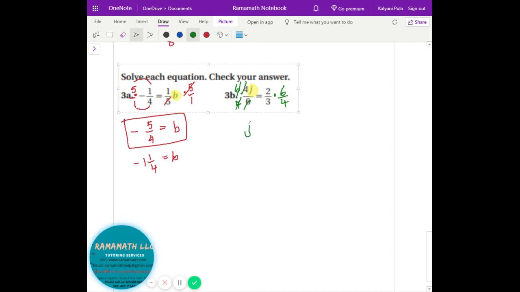All I have is the J letter. And then here I can multiply it, or you can reduce it, however you want to. So 2 goes in 4 2 times. 3 goes in 6 2 times. And then 2 divided by 2, that's 1. J value is 1. You can always go back and check also. If I go back and plug it in here, I should get the same answer too.